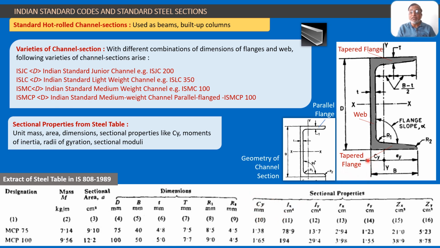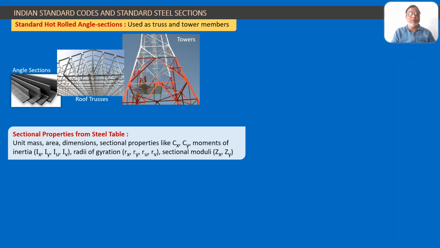Just look here, this distance is Cy. It is distance of y-axis, centroidal, I mean the y-axis from the edge of the channel. So these are the typical sectional properties of channel section given in the steel table.